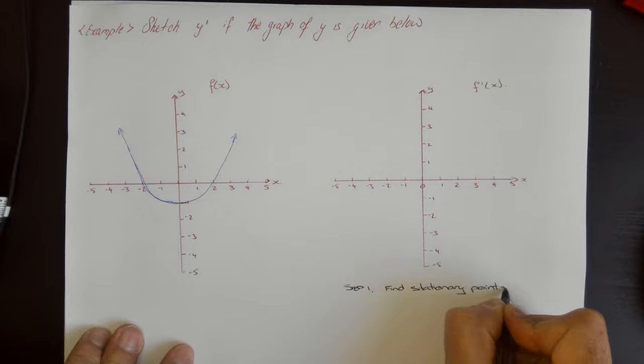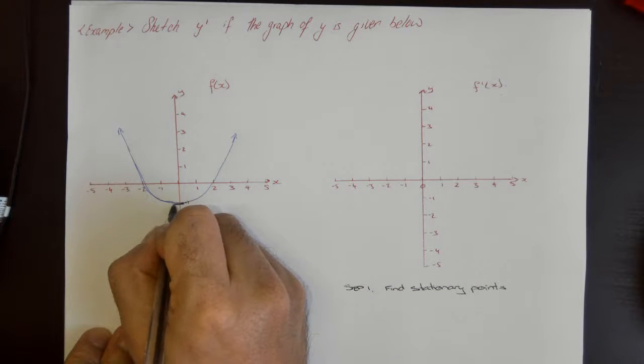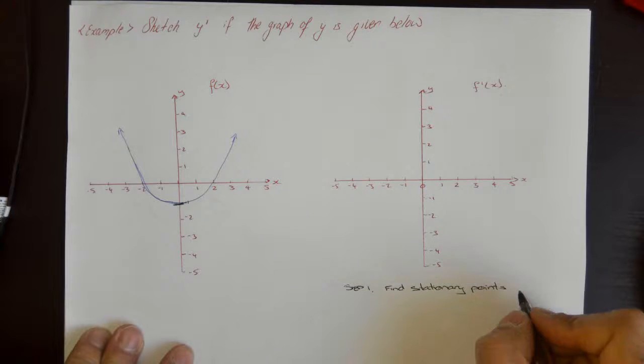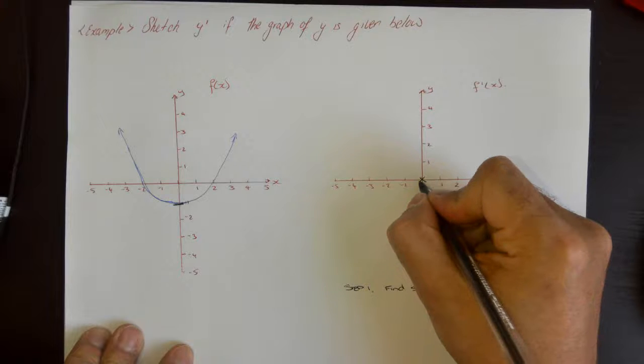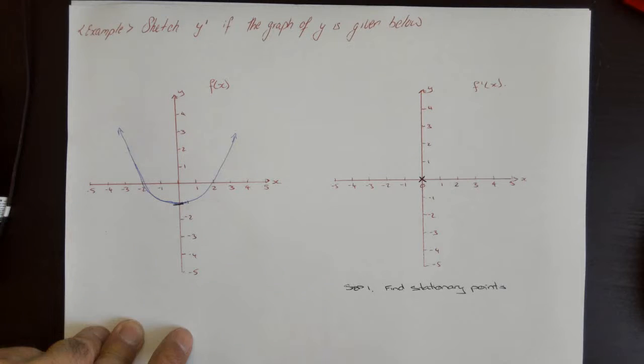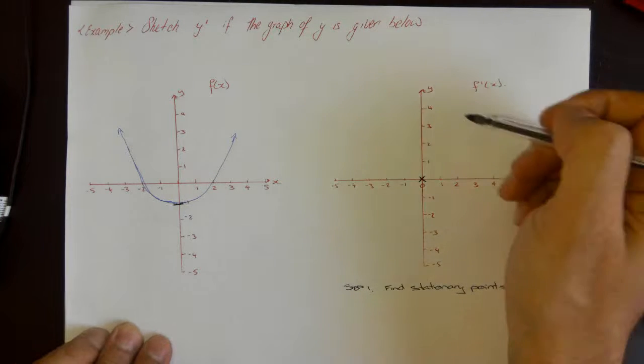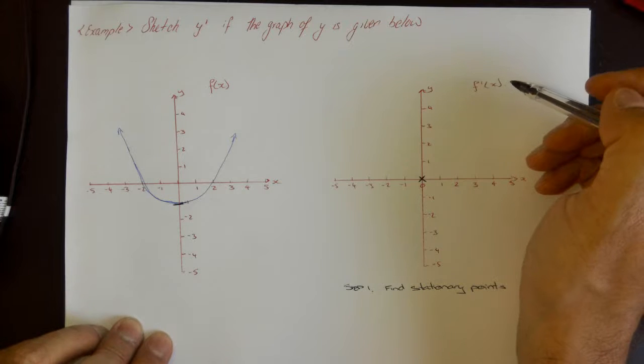And in this graph, the stationary point is here. So x is 0, we're going to mark that point on the x-axis of your derivative graph.